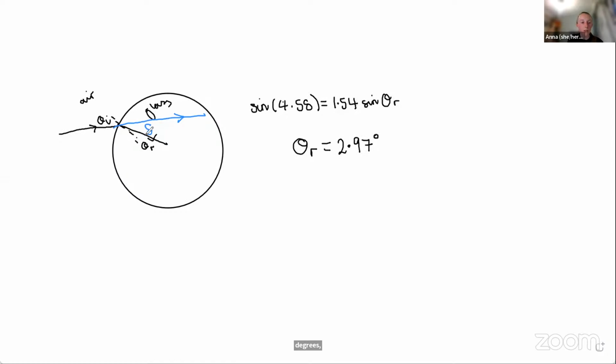And so if we look at this diagram, we can see that these two lines cross each other. So that means this angle is the same as this angle.